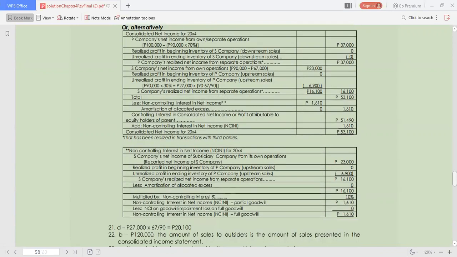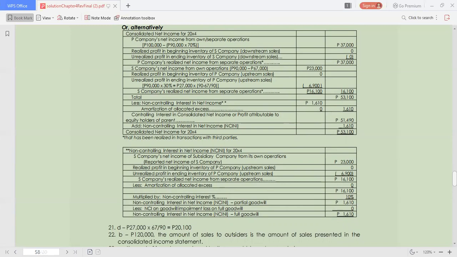That gives us 1,610. That's now the non-controlling interest in the net income under the full goodwill approach. So in that case, the 1,610 as the non-controlling interest in net income for the period.